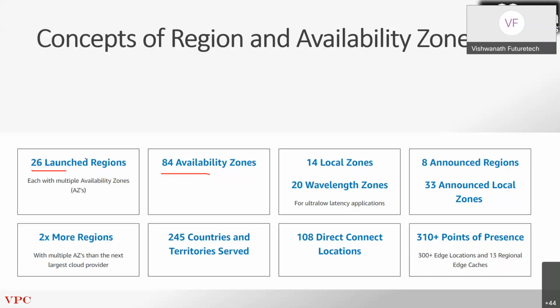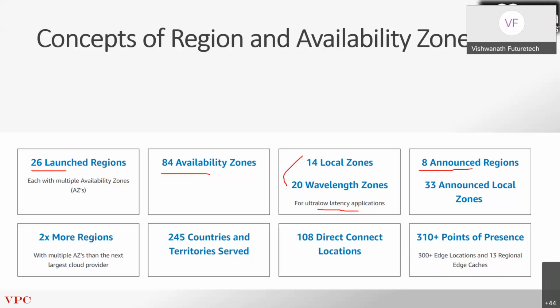They are a sub part of a region, and there are 14 local zones and wavelength zones. This is for ultra low latency applications, which means if a customer is looking for an application with very low latency within a country or locality, they have a special use case.